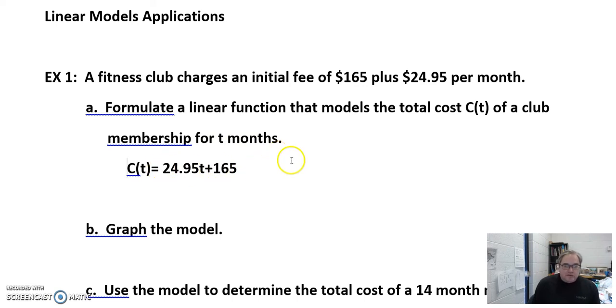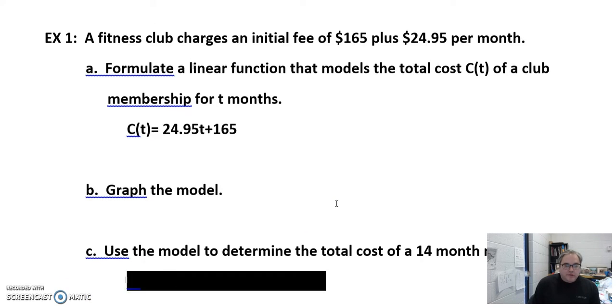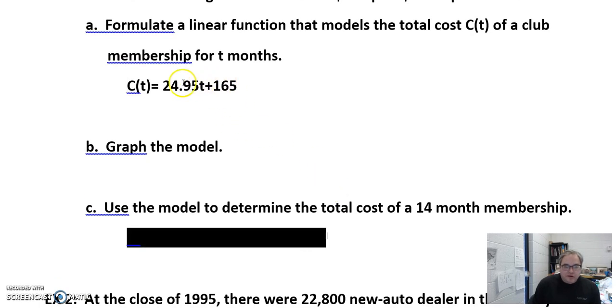Part B is to graph. You notice I didn't do a graph here. If I told you to graph this, picture the xy axis, you'd go up to 165, and then what? Because you have 24.95. Unless you have really good scaling, really good graph paper, anything you do is just going to be a sketch.